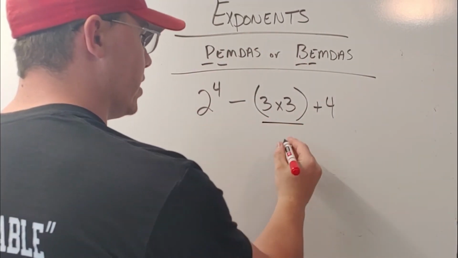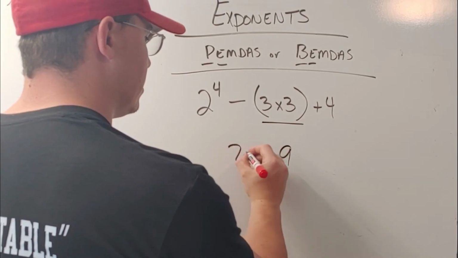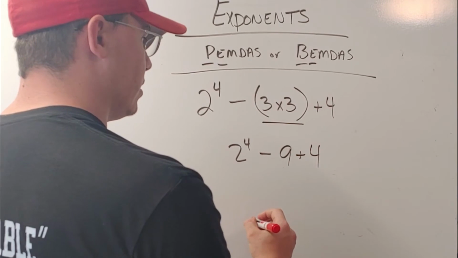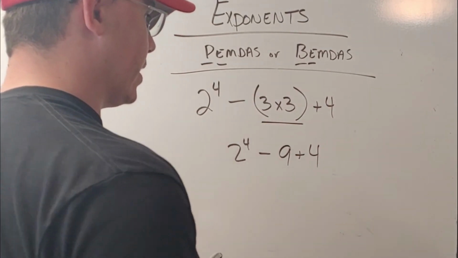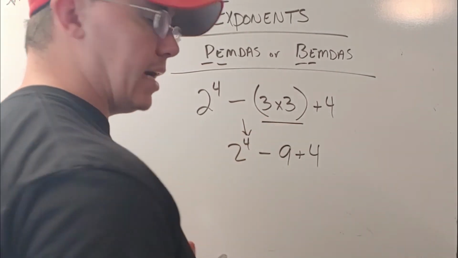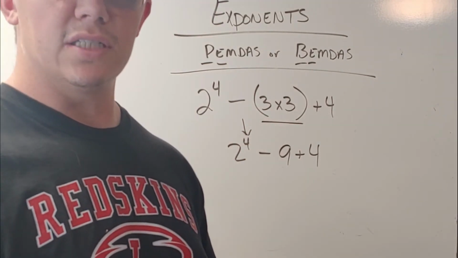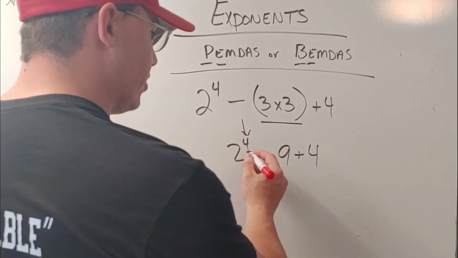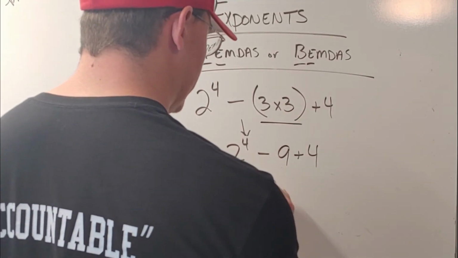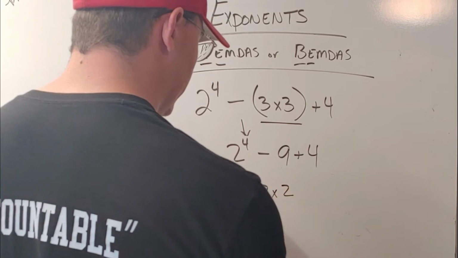So 3 times 3 gives us 9. I bring everything down that way I don't forget anything. So I have a subtraction sign, I have an addition, but I have an exponent. The exponent goes before the multiplication, division, subtraction, and addition. So we have to do 2 to the 4th power, which means 2 times 2 times 2 times 2.